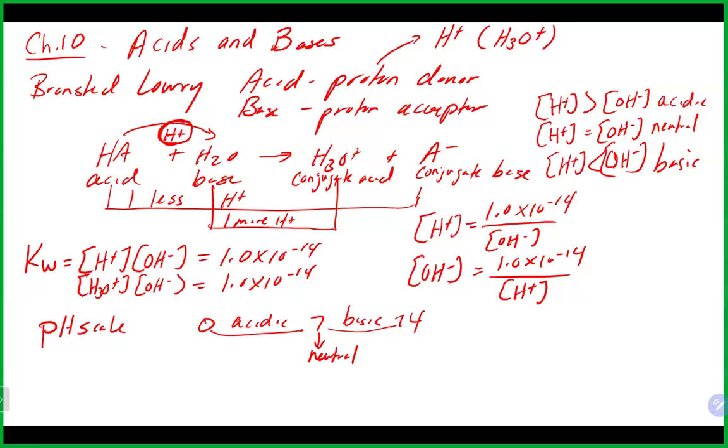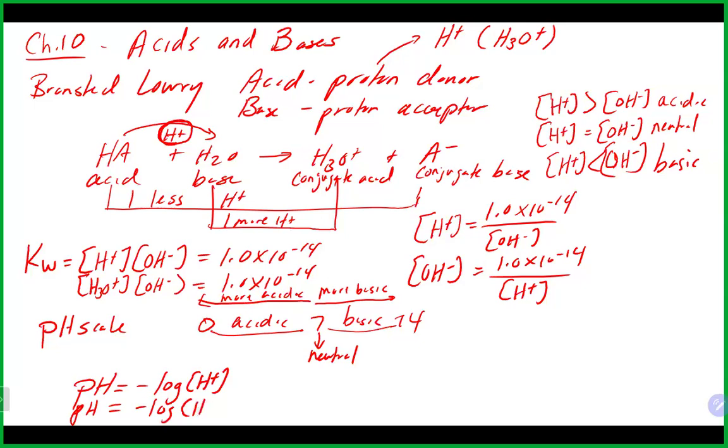And as you go from 7 to 14, you become more basic, heading in that direction, and more acidic as you go towards the 0 in that direction. To calculate the pH, it is equal to negative log of the H plus concentration. Once again, same equation if you want to use H3O plus in there instead.